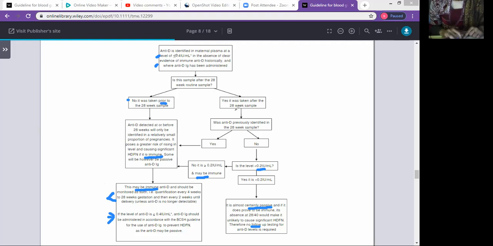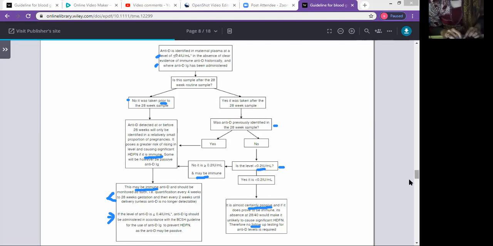However, if the sample was taken after 28 weeks of gestation, there is no previous positive sample for anti-D, and the level is also less than 0.2, these are further signs that it is most certainly passive, and we can then forgo further follow-up of these patients.